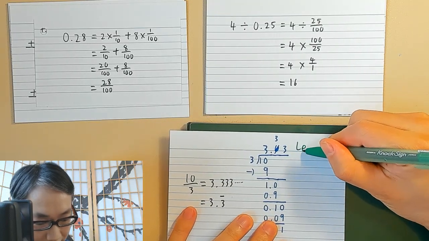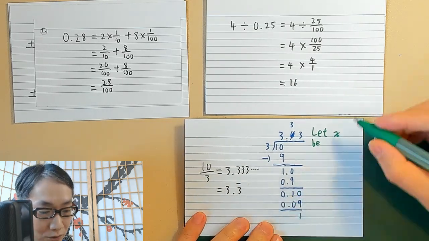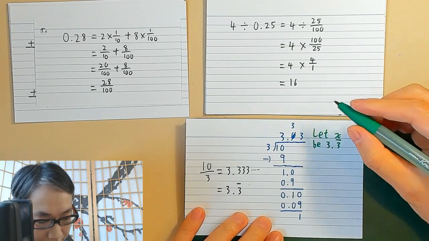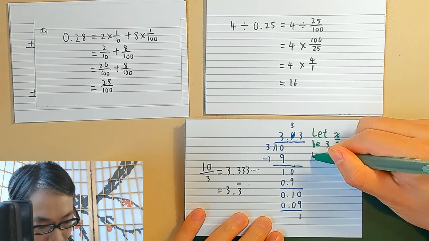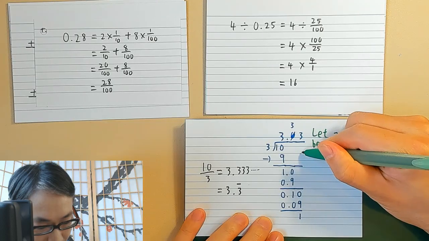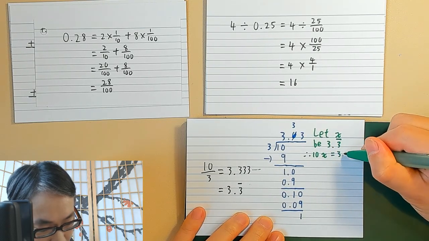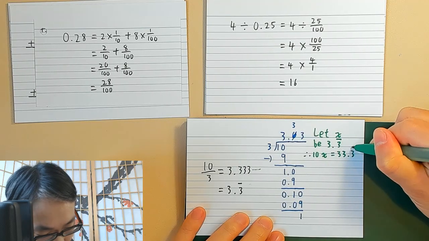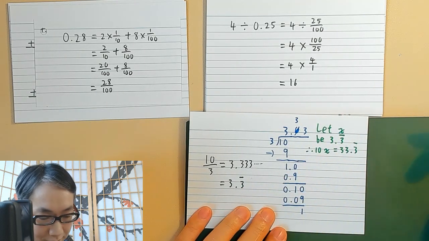So let x be the recurring decimal, 3.3 recurring. Then 10x is 33.3 recurring. Okay, we multiply this number by 10.